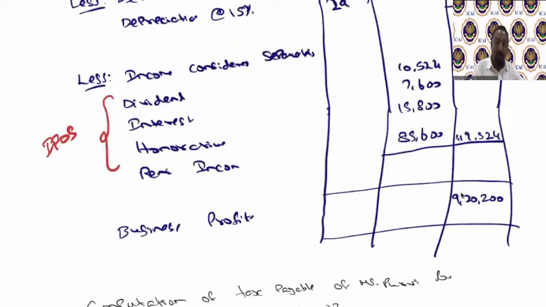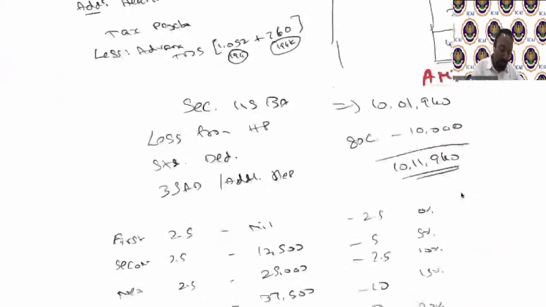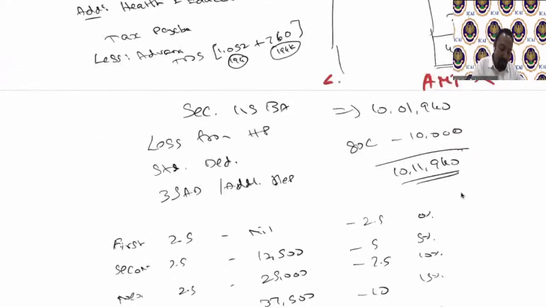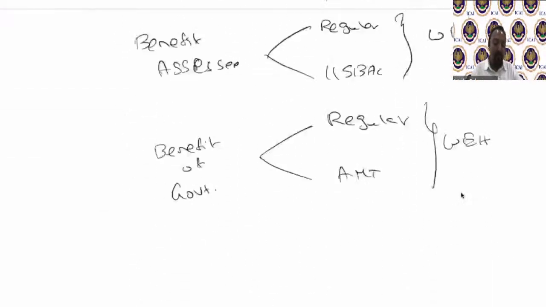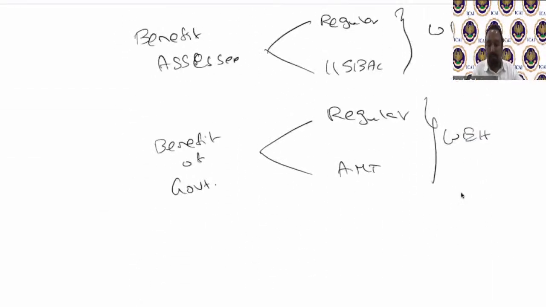Moreover, your income is less than or equal to 20 lakhs, so in this case AMT is not at all applicable. If you don't have any of those deductions under Chapter VI-A, straight away you apply 115BAC or regular tax alone. So I guess we cannot apply AMT in this particular question.